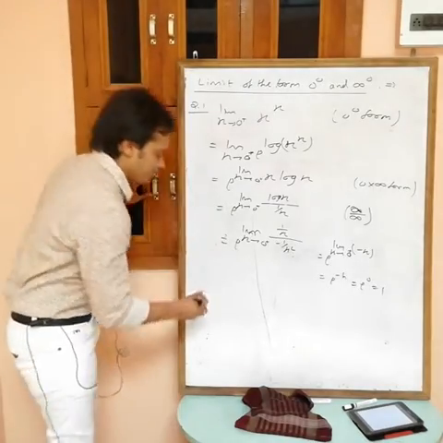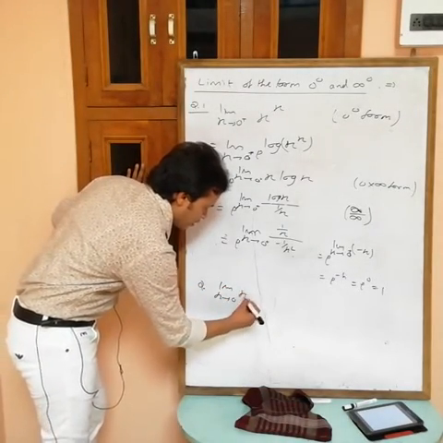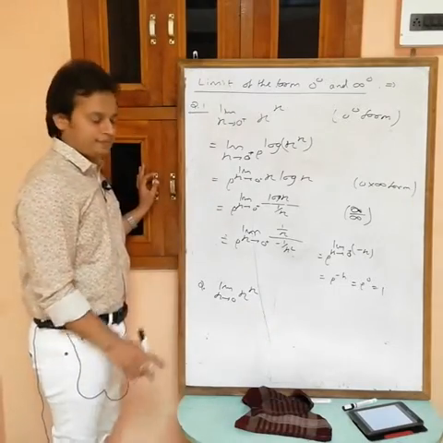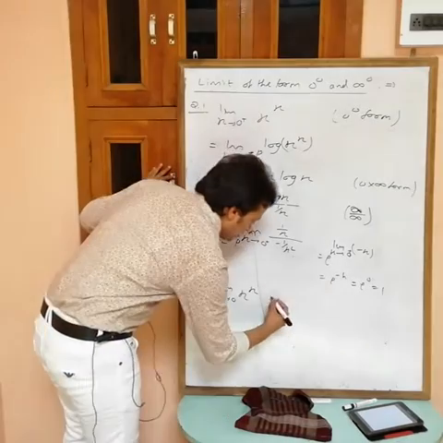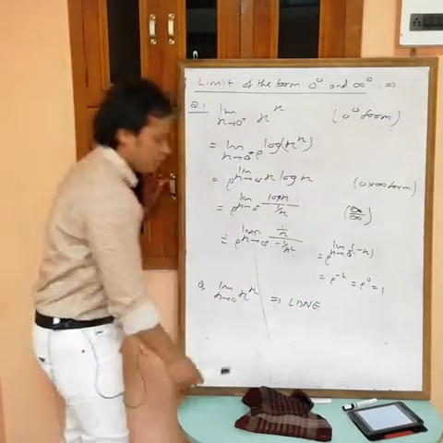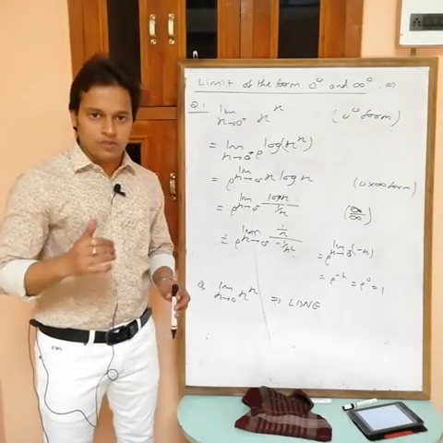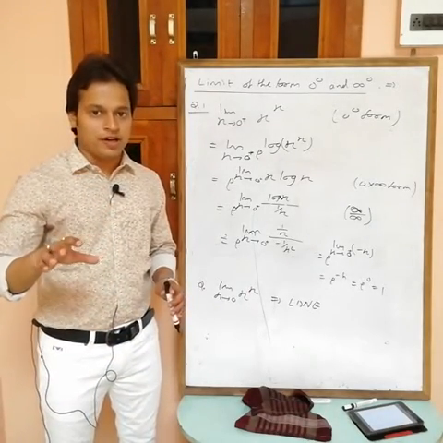And suppose there is limit x tending to 0 of x power x. If this is the equation, then the limit does not exist. Why? Because if x is tending to 0, both LHL and RHL must be finite and equal.